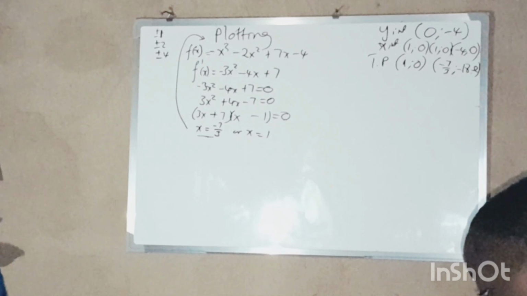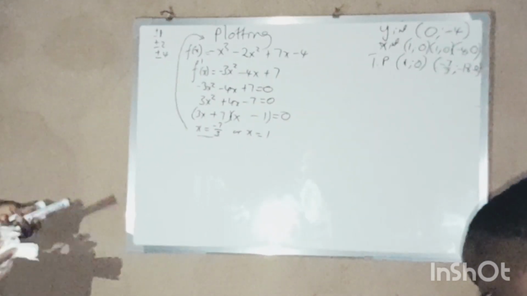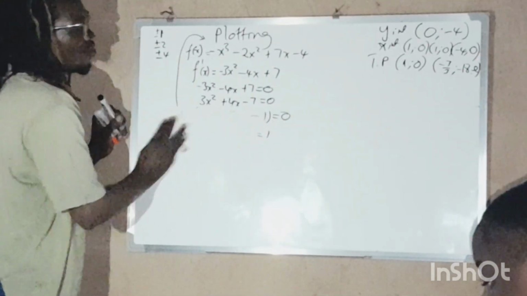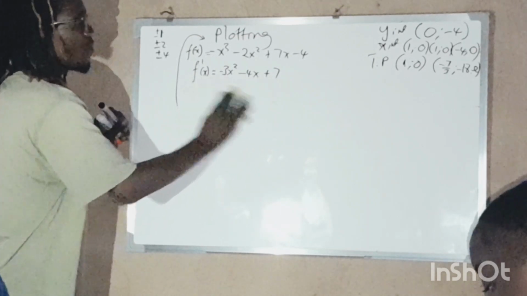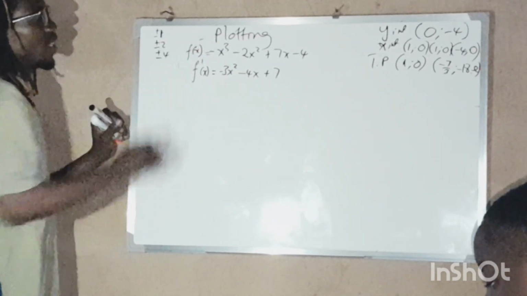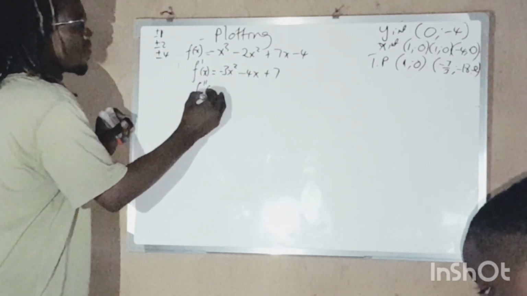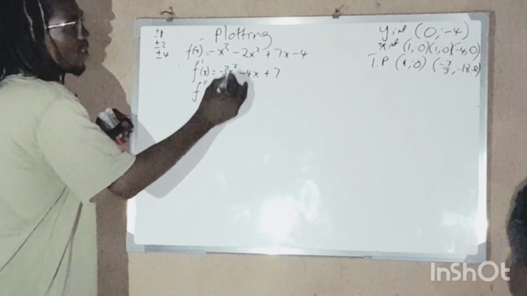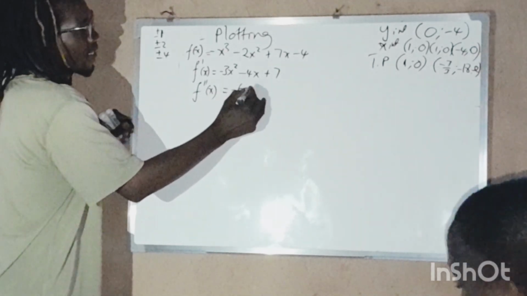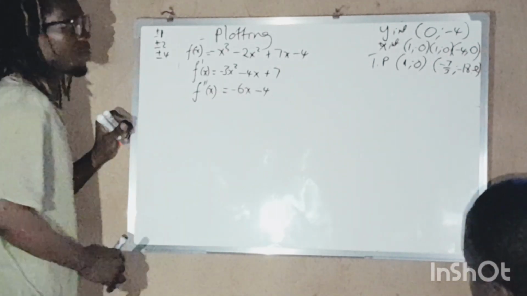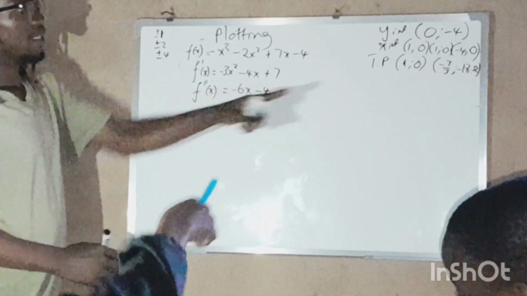The point of inflection, right? And for the point of inflection we are going to do what? The second derivative, right? So this is the second derivative of x, which is -6x - 4, right?